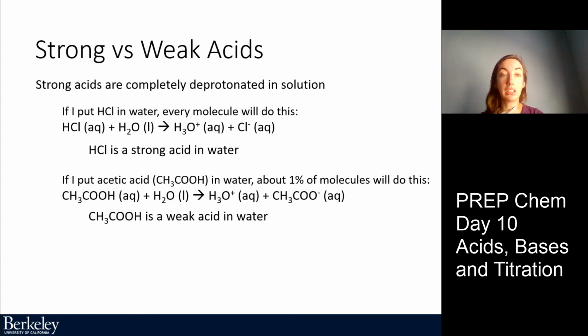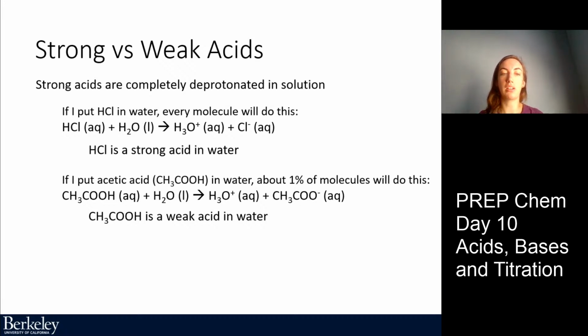I want to be really clear that completely deprotonated does not mean that it's given up every hydrogen atom on it. Even if CH3COOH was a strong acid, it wouldn't lose those hydrogens that are in the CH3. There's an acidic proton, which is the proton that has the potential to be lost.